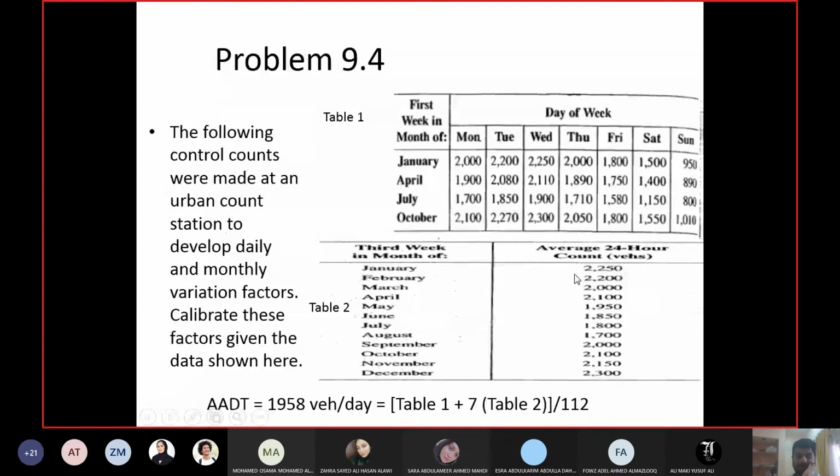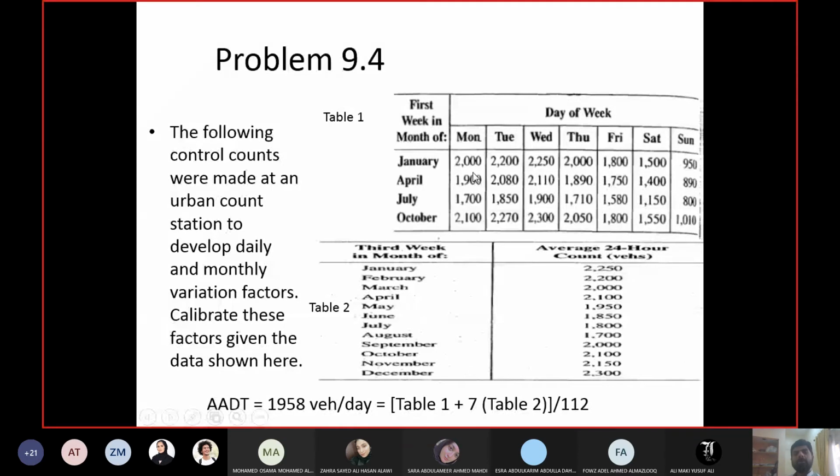So for January I basically have 2 weeks of data: first week from table 1, and the other week from table 2, in which the data was taken. These are the 7 values from the first table plus the value from the second table multiplied by 7.